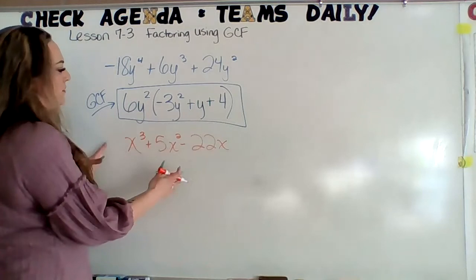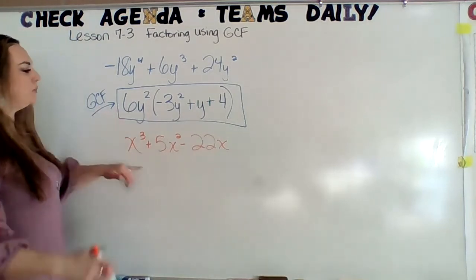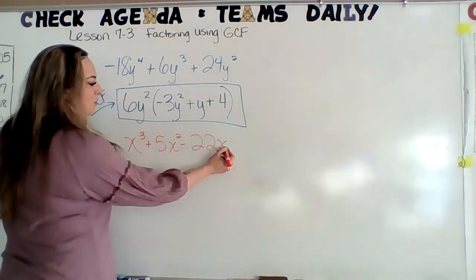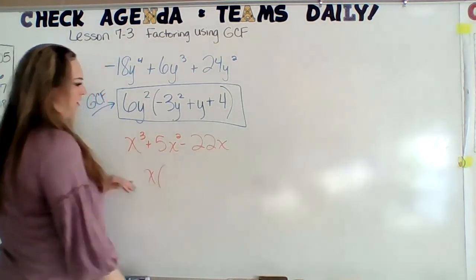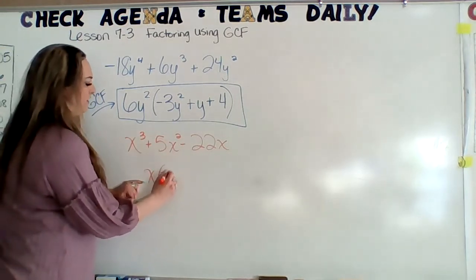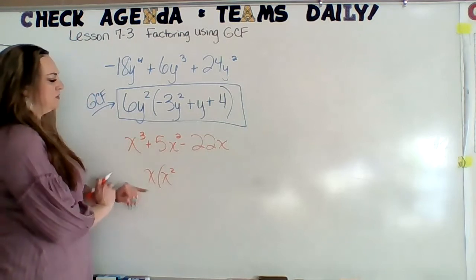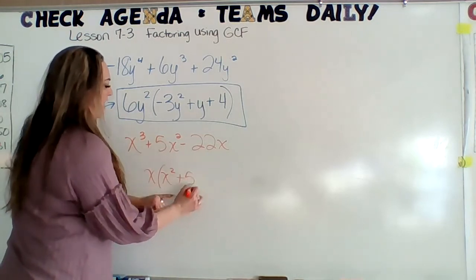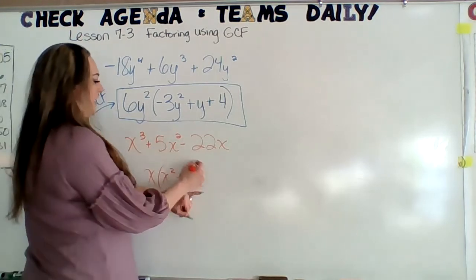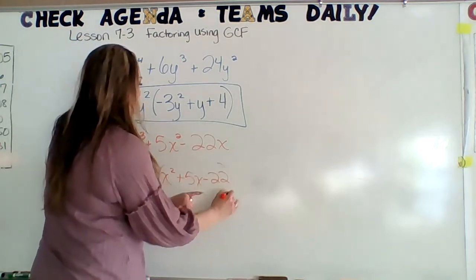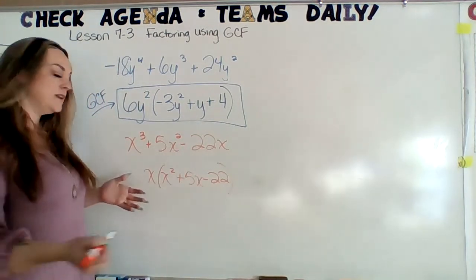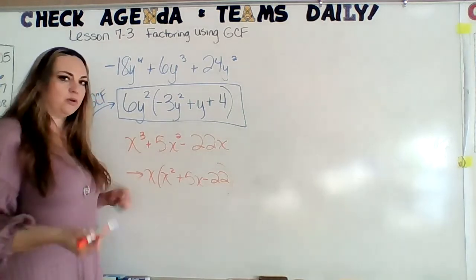So we're not going to be able to factor out a coefficient, but we can factor out an x because they all have at least 1. Since this one only has 1, that's all we can factor out. Now we just proceed as normal. We would need x squared times x to get x cubed. We would need 5x to get 5x squared. And we would need a -22 to get -22x. So in some cases, you're only going to be able to factor out the variable, and that's okay.